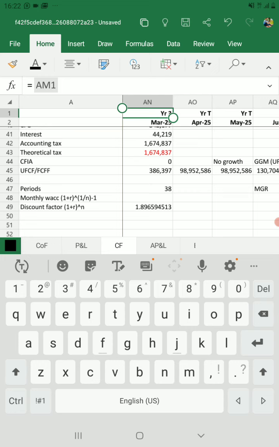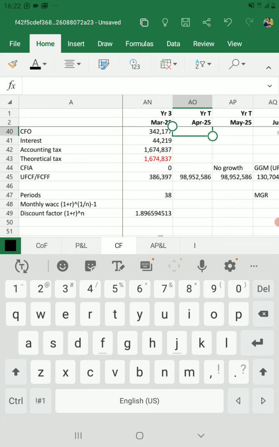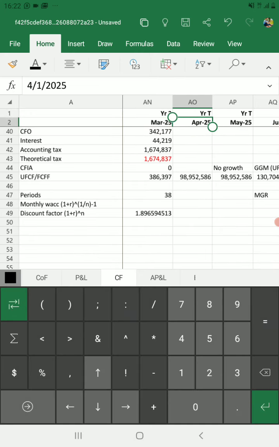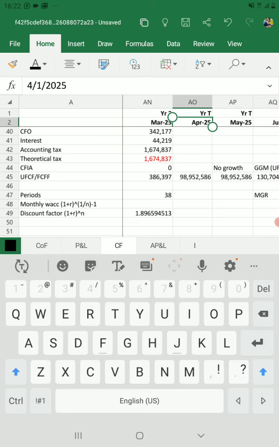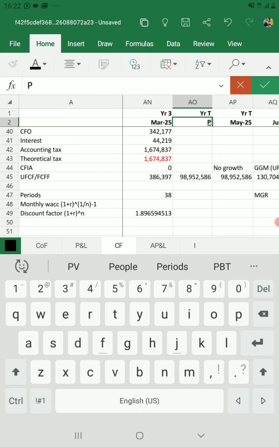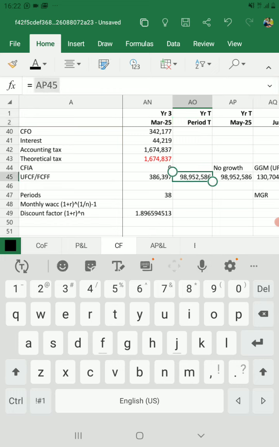Okay, I am in the cash flow. Just note that here is period T. Okay, so let's call this period terminal, and we have our terminal value here.